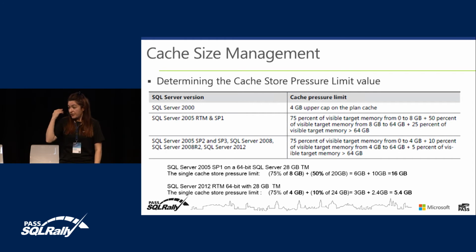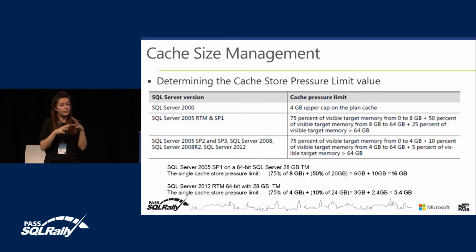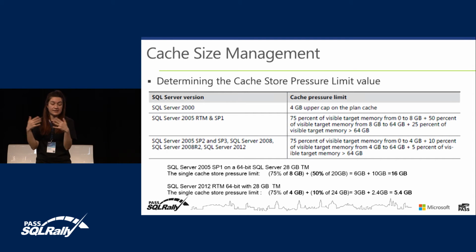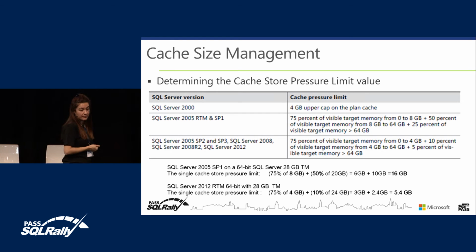This is why it's important to configure max server memory, by the way, because if you don't configure it, SQL Server will try to get all the memory from the box. And when it tries to allocate and commit all the physical memory, then at some moment it will contend with the operating system, of course, and they will be in conflict with each other just for releasing memory.